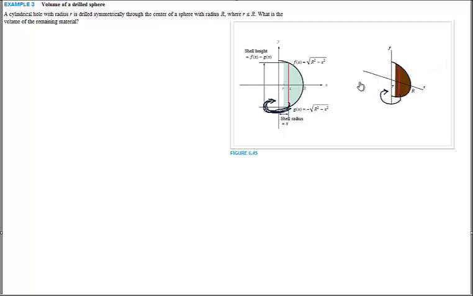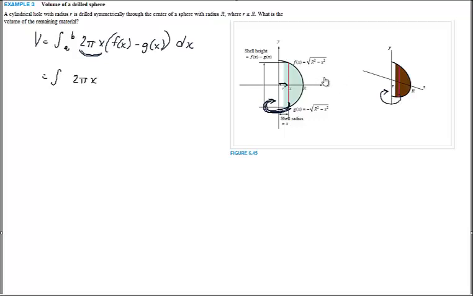Let me write down my formula. Alright, so let's look at my circumference first off. My circumference is right here. The circumference of this shell would be 2 pi, and it is always going to be whatever that distance x is there. So 2 pi x would be my circumference. You can look at the height in two different ways.